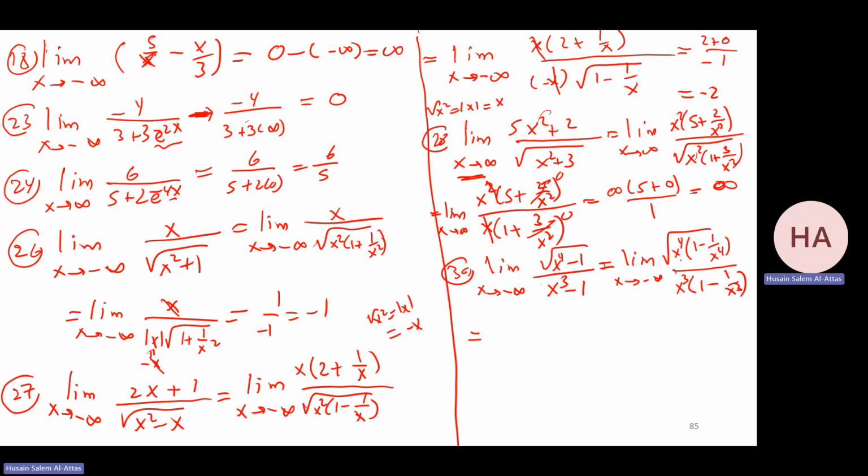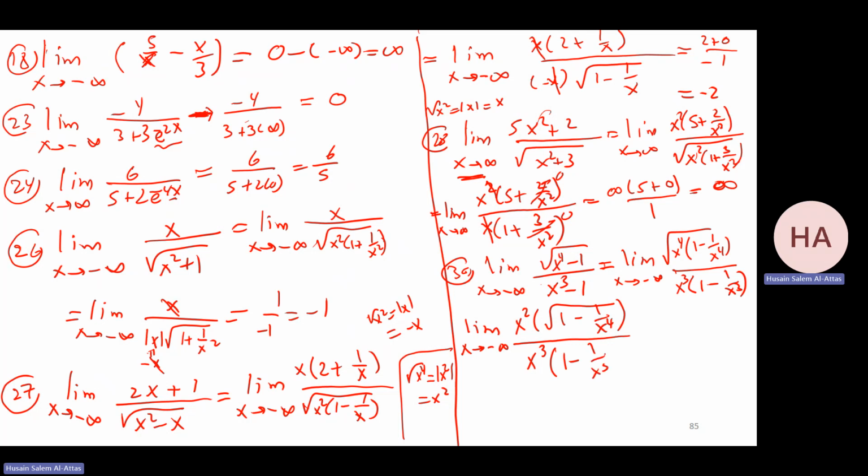So that will be what? Square root of x to the power 4. Let me put it here. Square root of x to the power 4 is what? Absolute value of x squared, which is x squared regardless of whether I'm going to minus infinity or infinity. So this will be limit as x goes to minus infinity of x squared times the square root of 1 minus 1 over x to the power 4, over x cubed times 1 minus 1 over x cubed.